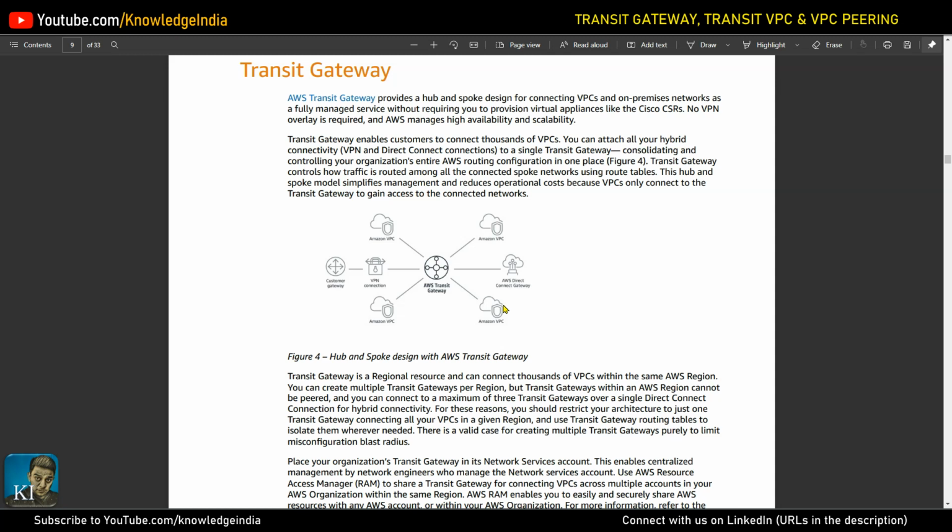It is possible to peer a Transit Gateway from one region to another region, and some time back they even started supporting peering within the same region. So which means, let's say you have a Transit Gateway in the Ohio region and another Transit Gateway in the Ohio region, you can peer these two Transit Gateways as well. So all of that is possible.